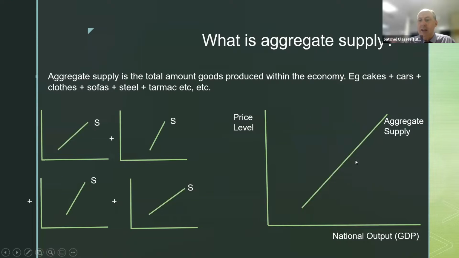And as you can see, it is sloping upwards. In other words, as price levels increase, supply will increase as more producers get in on supplying goods and services at those higher prices, as you would have expected in a microeconomic situation.